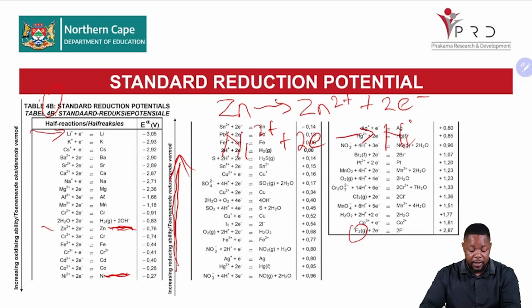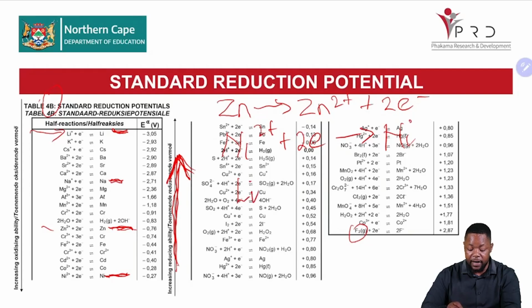We can also take another example. If we take sodium and lithium, we observe that the arrow pointing to the top says increasing reducing ability. Therefore, lithium has a greater reducing ability than sodium, so lithium is the one that will undergo oxidation. Because of that, the reaction that undergoes oxidation from the table is written in reverse.